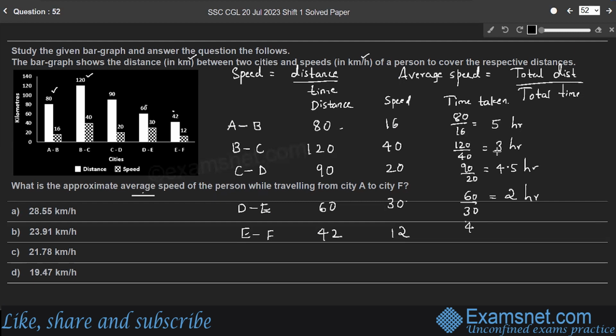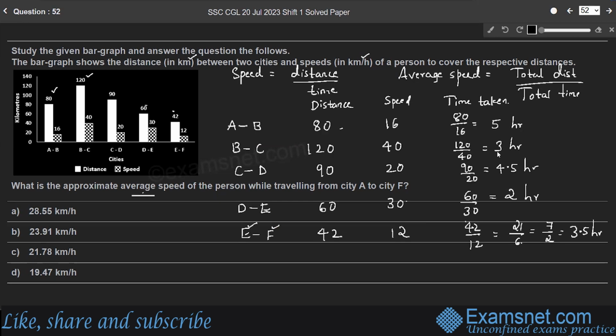So 42 by 12, which is equal to 21 by 6, which is again 7 by 2. So it is equal to 3.5 hours. It takes 3.5 hours to travel from city E to F.